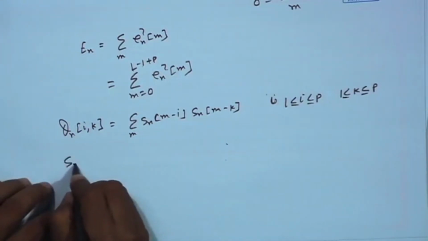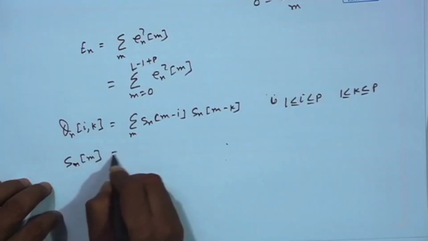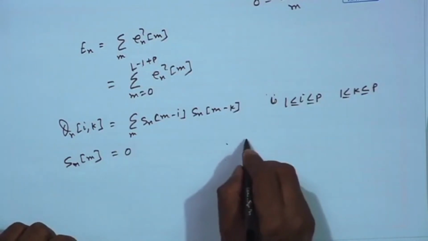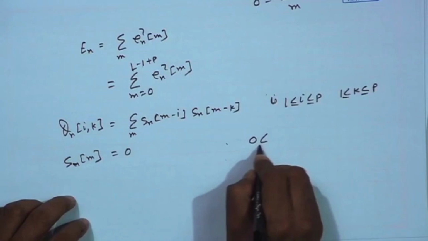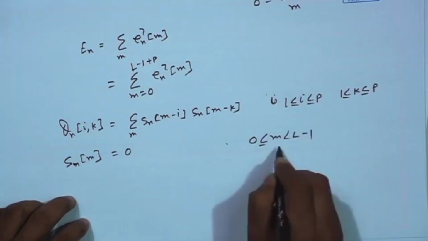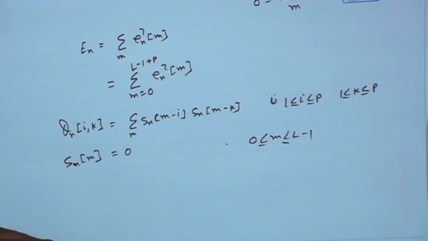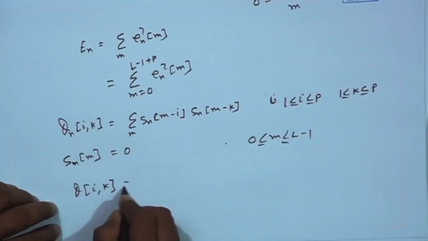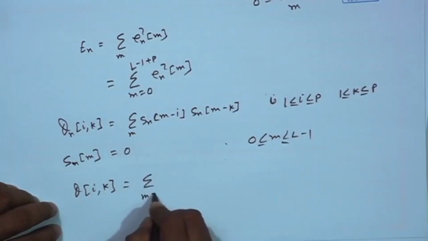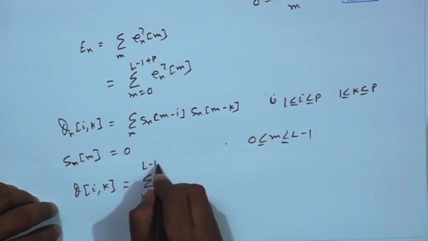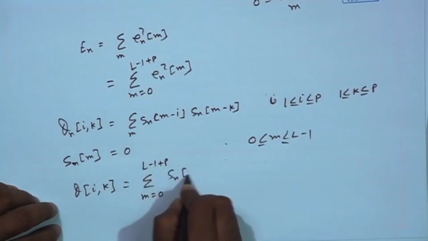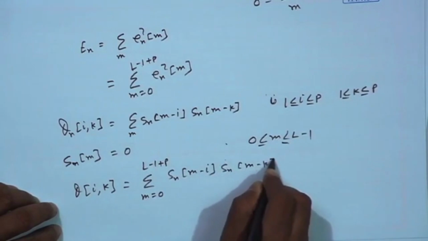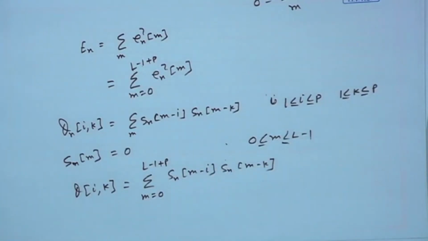So, now S n m outside the window is equal to 0, which is only non-zero if m varies from 0 to L minus 1. Okay. So, I can say phi i k is nothing but the sum from m equal to 0 to L minus 1 plus p of S n m minus i times S n m minus k. Okay or not?